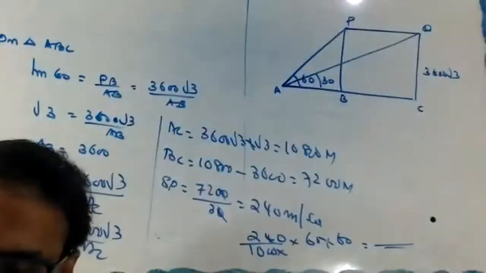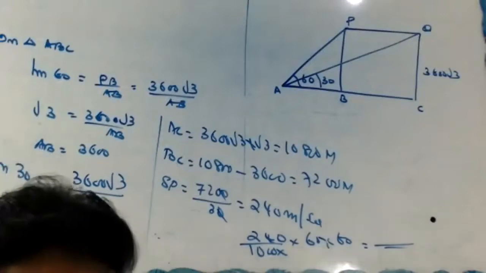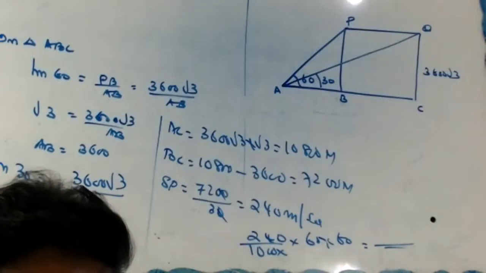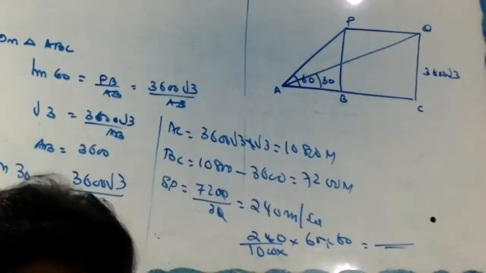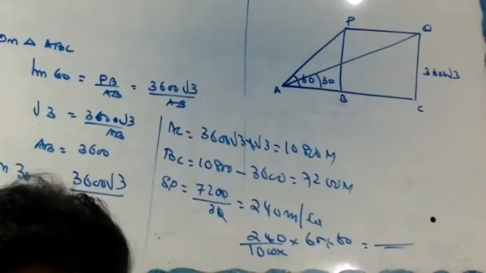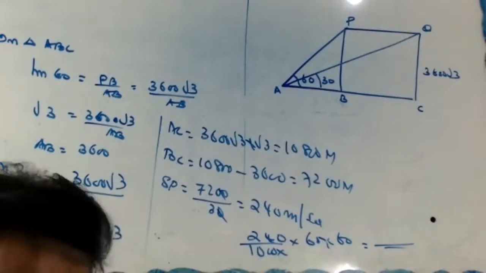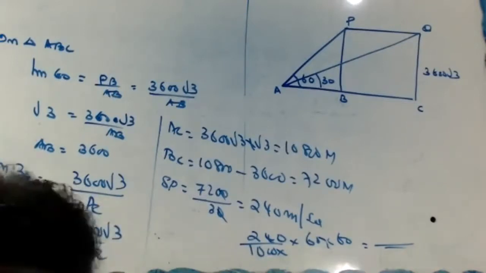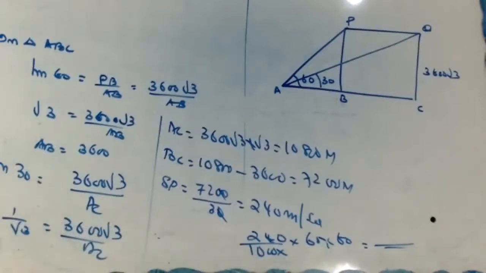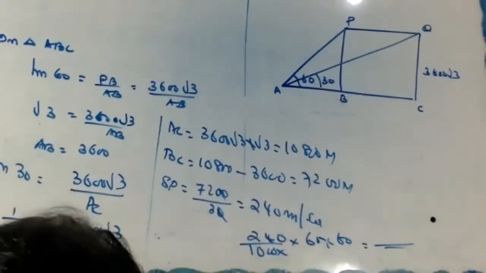Okay, finish. So 864 kilometer per hour, right or no?